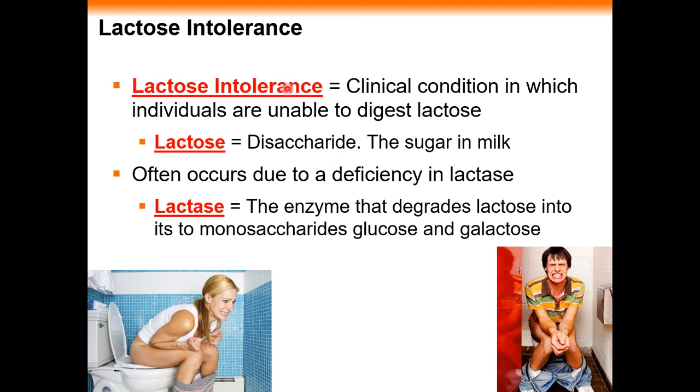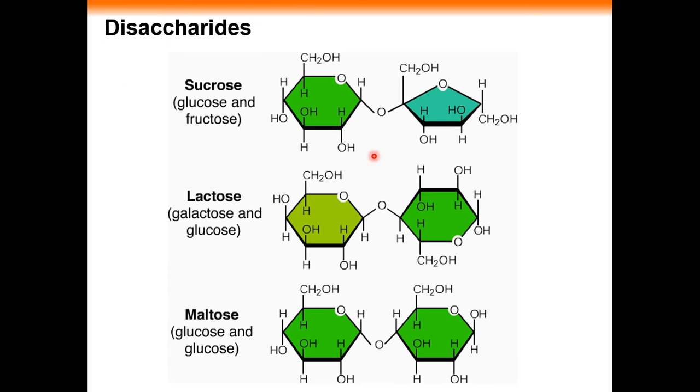So lactose intolerance is a clinical condition, right? It's a disease, I guess you can call it, or disorder, where people who have it can't digest lactose. Remember, lactose, a disaccharide, is the sugar in milk. So they can't break apart lactose. Here's lactose. It's a disaccharide of galactose and glucose put together.